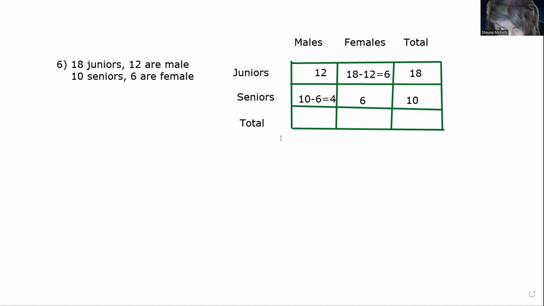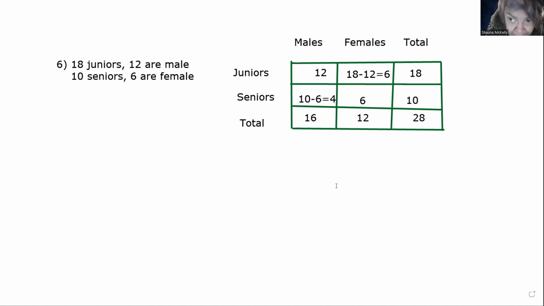Now we've got our row totals. We need to get our column totals. 12 plus 4 is 16. 6 plus 6 is 12. And 18 plus 10 is 28.